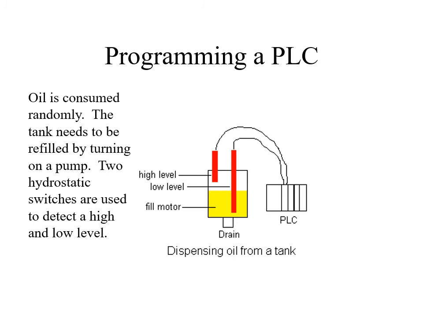We have a long hydrostatic switch, which will detect the low level, and a shorter hydrostatic switch that is placed at a higher level that will detect if the oil is at a higher level. So these will serve as the inputs for our PLC. And of course, the output of the PLC must be the refilling of this tank.